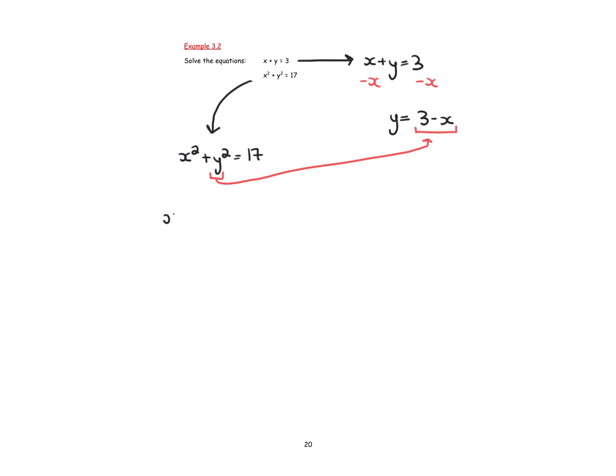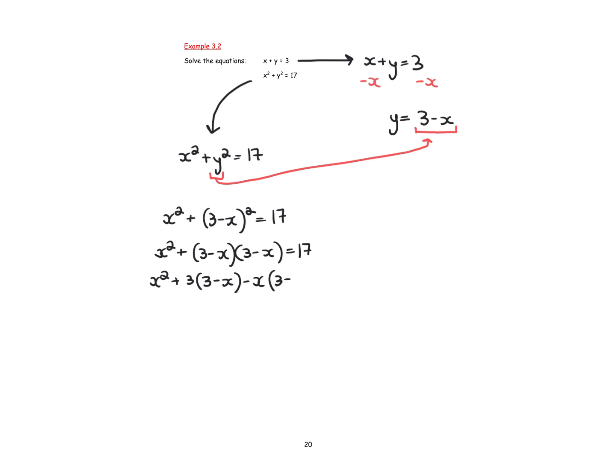We'll then have x squared plus (3 minus x) squared is equal to 17. (3 minus x) squared is the same as having 3 minus x multiplied by 3 minus x. That then is just simplifying out the brackets. We get x squared plus (3 minus x) times (3 minus x), and that's equal to 17.